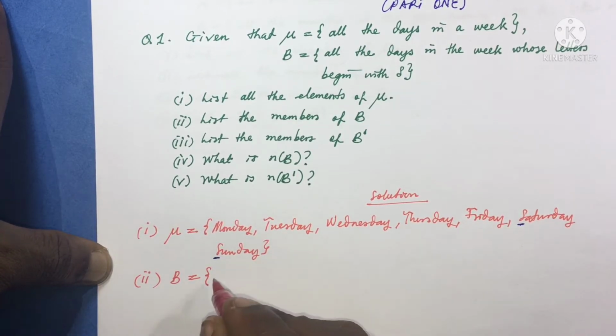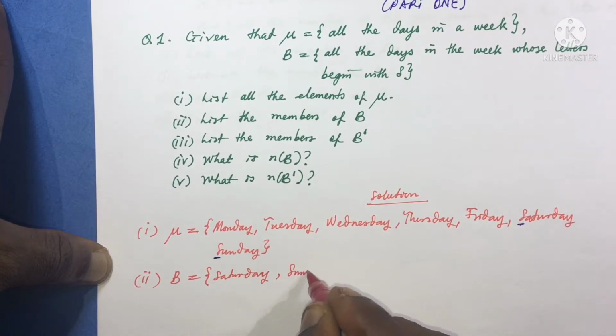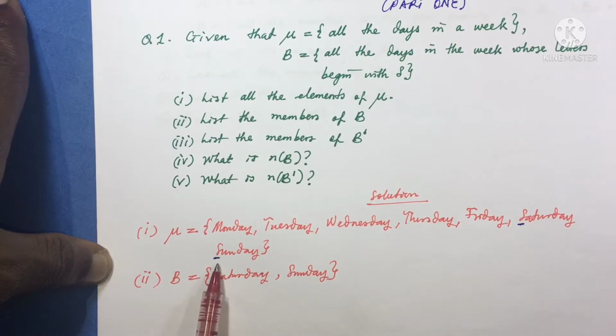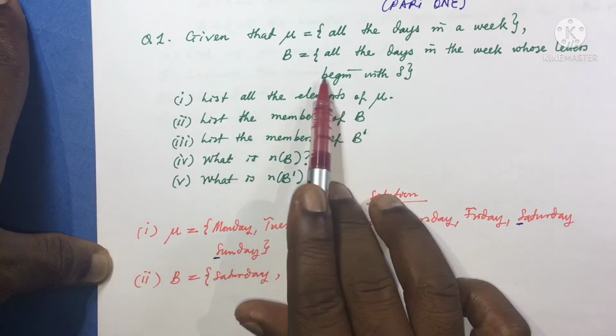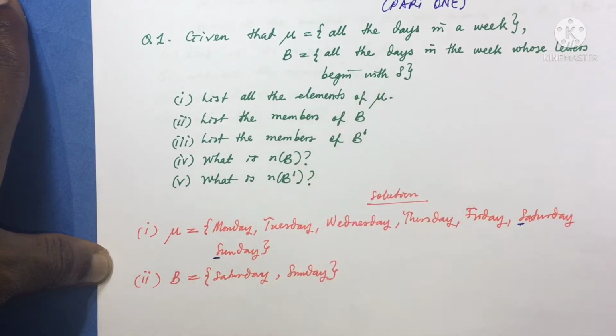That implies that B would contain as its elements Saturday and Sunday, simply because they are the elements in the universal set that begin with S. Remember, B is the set of all days in a week whose letters begin with S. So that answers question number 2.